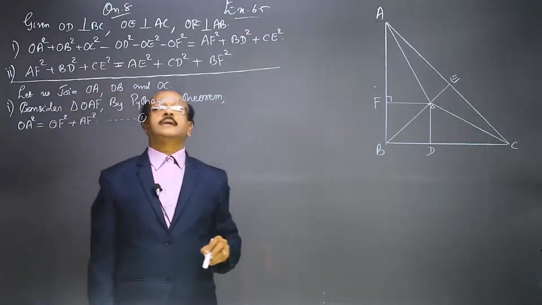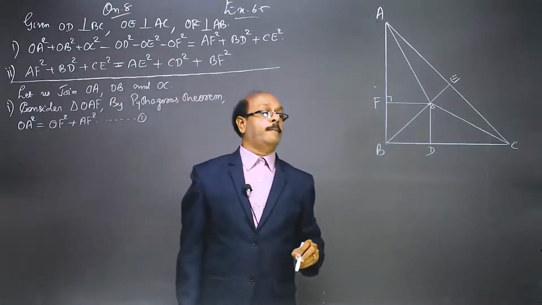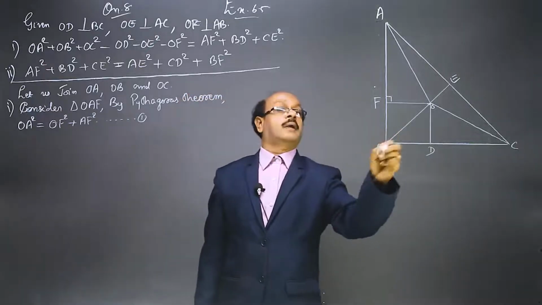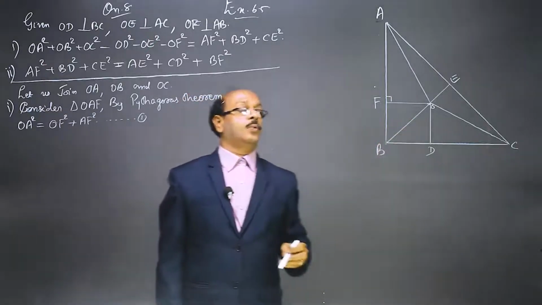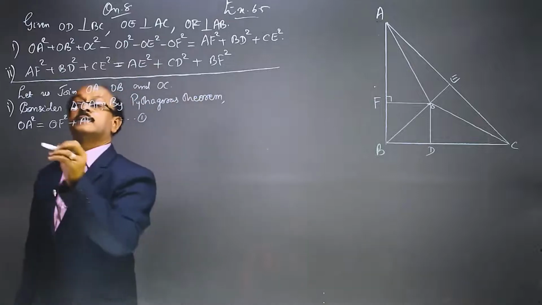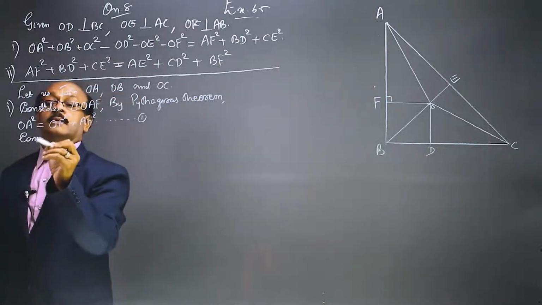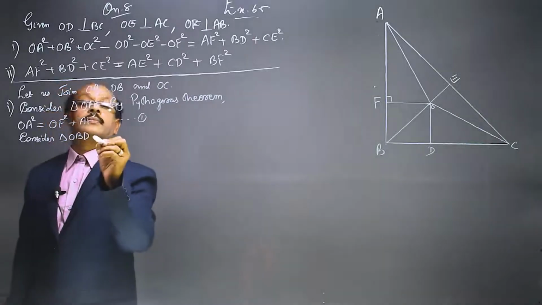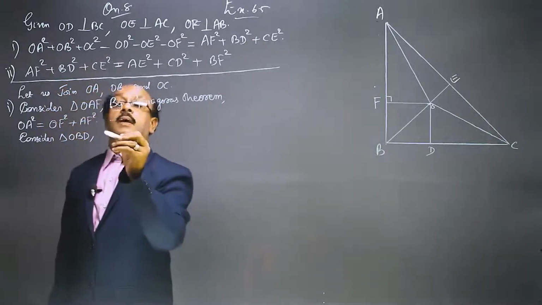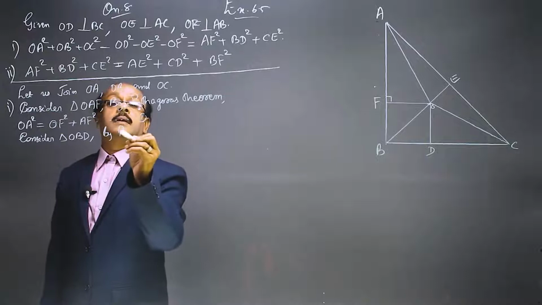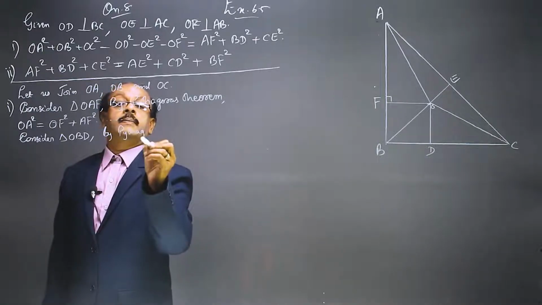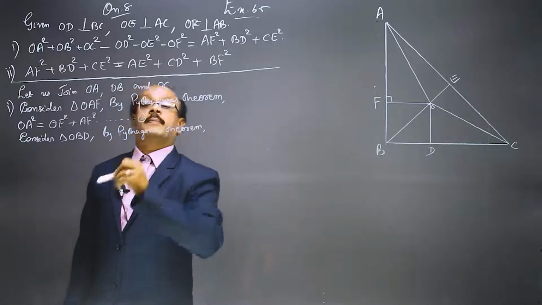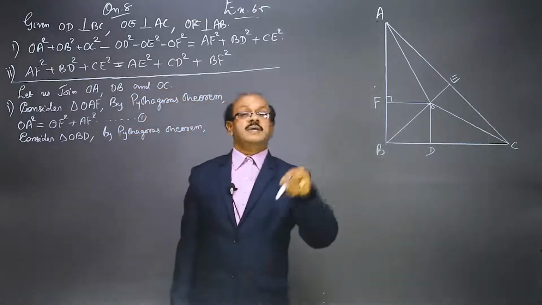Now consider triangle OBD. There is OD and BD. By Pythagoras theorem, here OB is the hypotenuse.